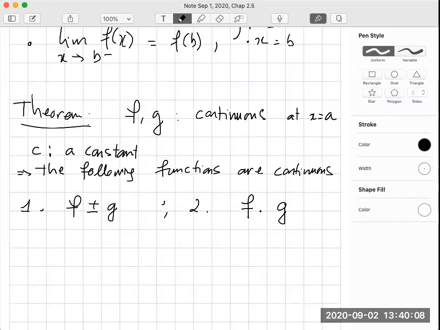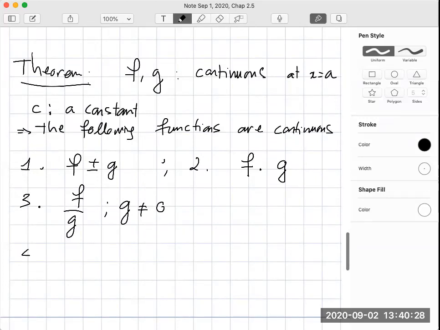Third, the quotient of this is also continuous, and we require that g should not be 0, because if it's 0, it's not defined. And the fourth one, if c is a constant, cf is also a continuous function. Okay, it's not too difficult. So just memorize them. Another theorem.